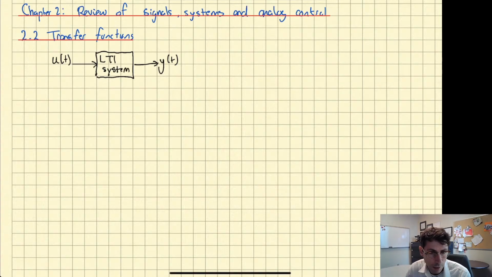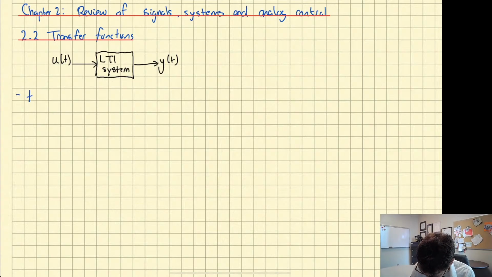And what do you do to get the transfer function? If I give you a black box and I say find the transfer function, I don't tell you anything about the blocks. I just tell you that it's a linear time invariant system contained inside the box. Well, you pick any input you want, any waveform u of t, you apply it, you measure the output y of t, take the Laplace transform of both those signals, and that ratio is the transfer function.